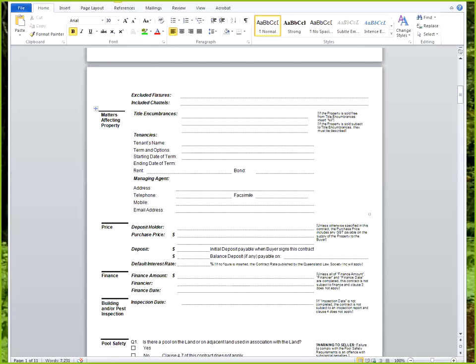Now, here's a trick, here's a problem. If you were to insert the details of the outgoing mortgage in the title encumbrance section, then strictly speaking, the buyer is contracting to purchase the property subject to the ongoing existence of that mortgage for a certain price. In other words, the buyer agrees to pay, let's say, $400,000 for that property, subject to an existing mortgage of, let's say, $200,000 remaining on title.